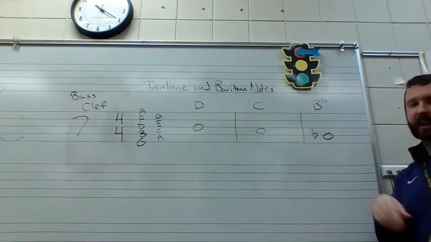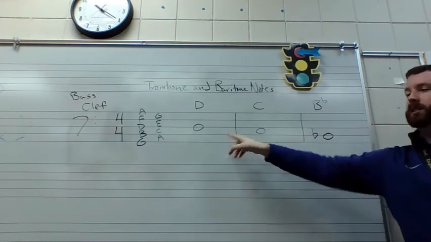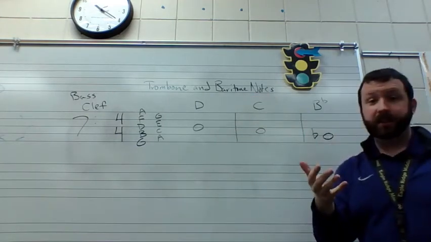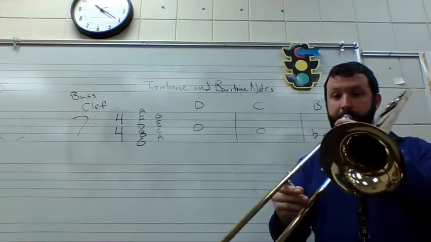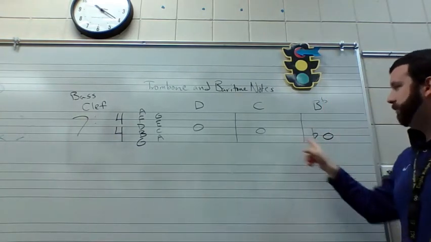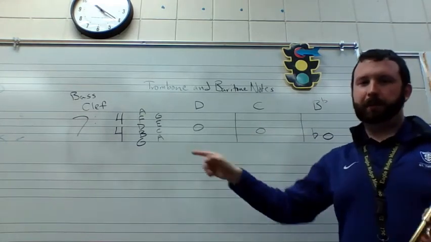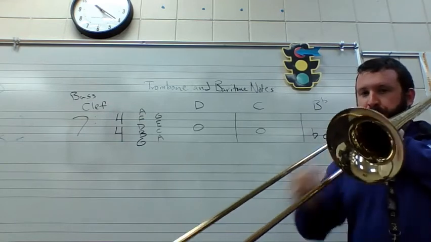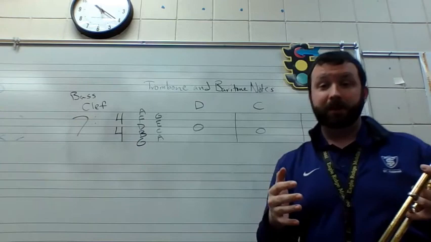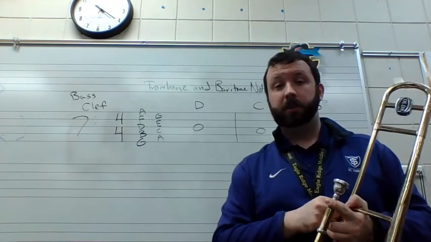And B flat is the lowest note we've learned. So if we go D, C, B, they're going down on the staff, so they'll also be going down in pitch, how they sound to your ears. If you go backwards and go B flat, C, D, you should hear the notes going up, because we're going up in pitch. The way that they write music on the staff is very much a picture of how high and how low notes are supposed to sound.